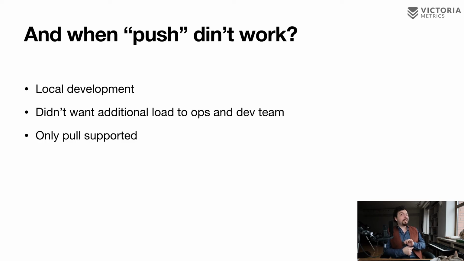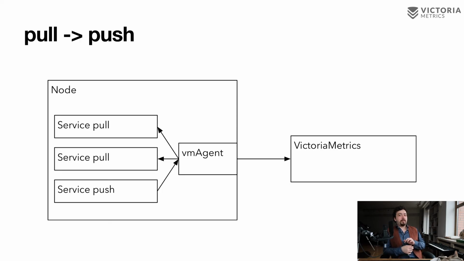Actually, that's not completely true, because you can have a local VM agent installed, or it can be Telegraf or something, but we definitely recommend using VM agent for this, and you can do the pulling locally.